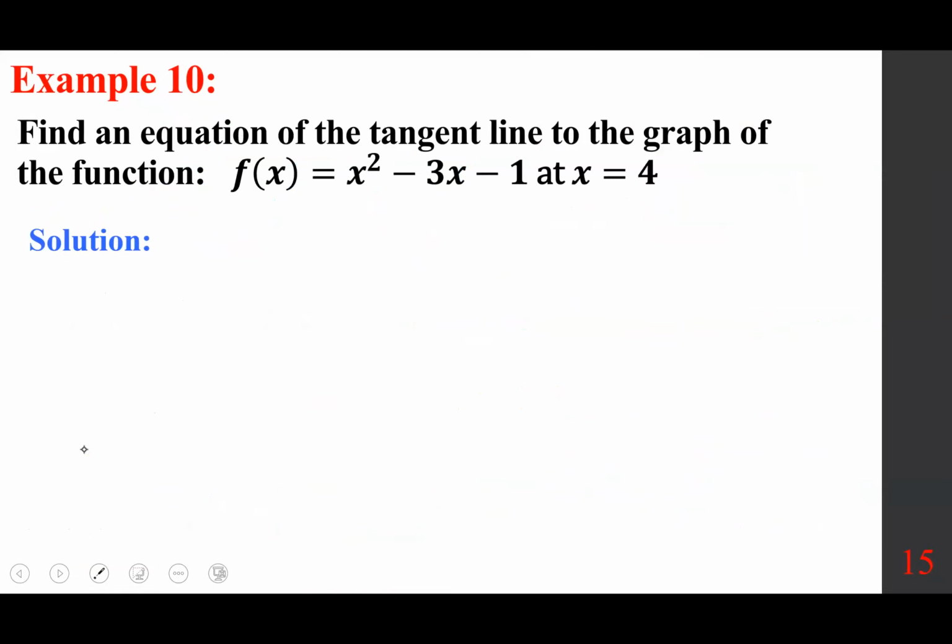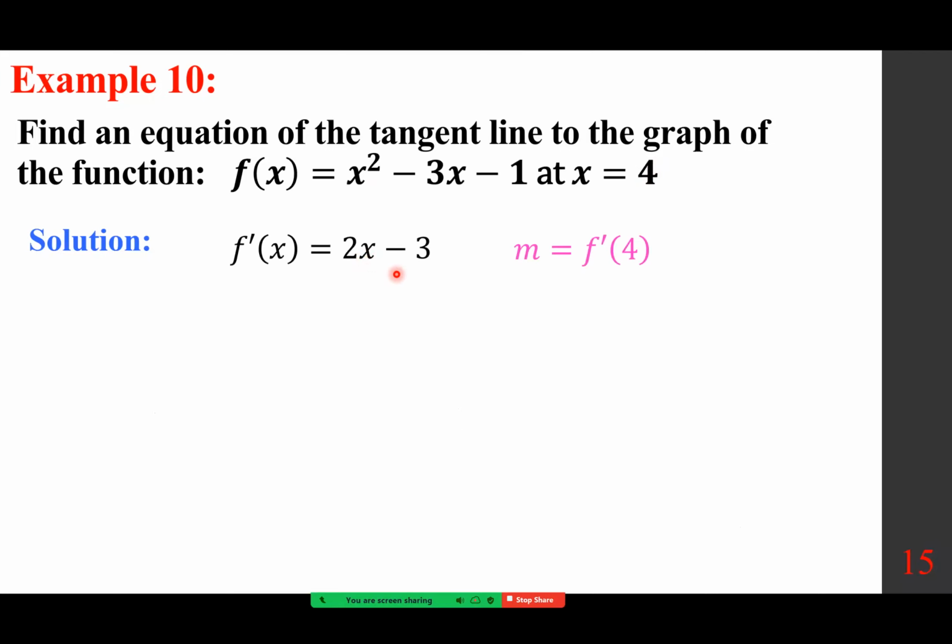To find the equation of a tangent line, we need to find the slope. So let's find f prime, which is 2x minus 3. This is not the slope. The slope is f prime of 4, which makes it 2 times 4 minus 3. So 2 times 4, 8 minus 3 is 5.